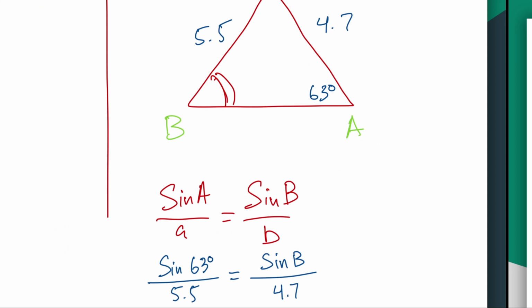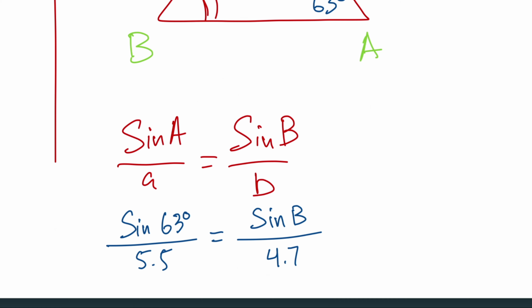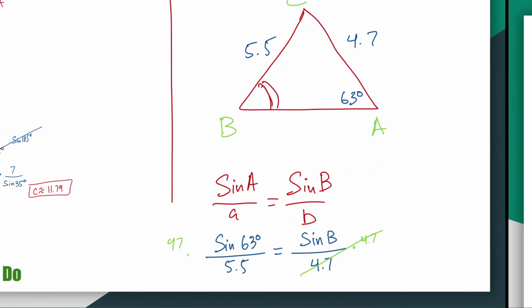Like that. Now, we need to solve for sine of b, so I'm going to multiply by 4.7. This cancels. Let me write this over here. And I get sine of b is equal to 4.7 times the sine of 63 degrees divided by 5.5.